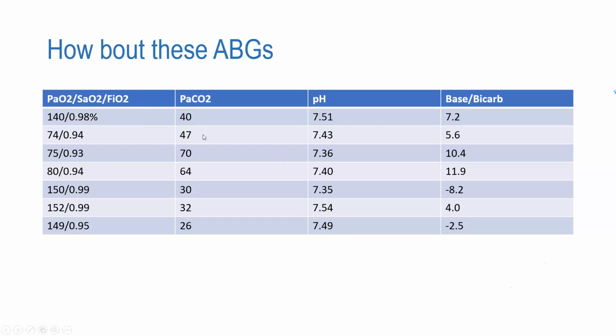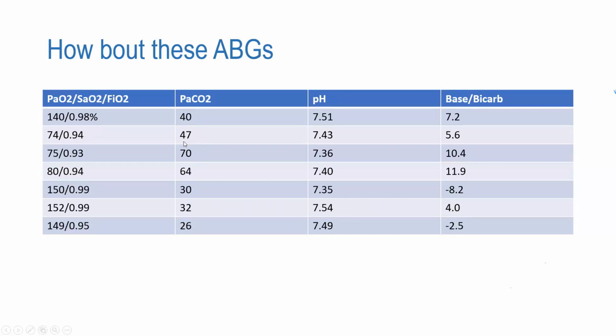Now go to CO2. Am I retaining or exhaling? No, this is PaCO2. Am I retaining or exhaling? Retaining. I'm retaining acid, but my pH is on the alkaline side, so this cannot be the problem.